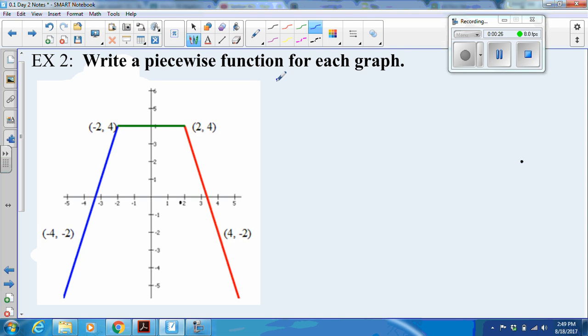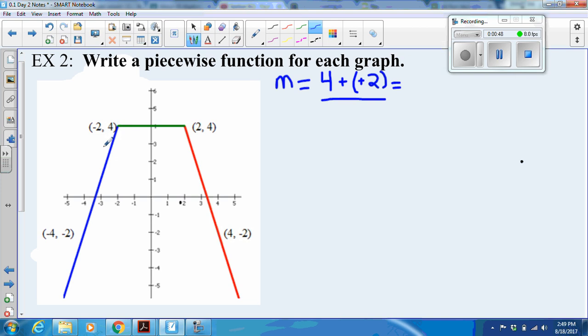Okay, so let's figure out the slope of the blue line first. Basically, I use my 2 points. So I have 4, because that's a y point, and then I do minus a negative 2. Remember, that gives us a positive 2. Now, it does not matter which one you use first for the y values.